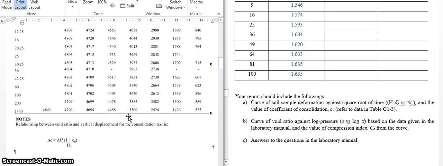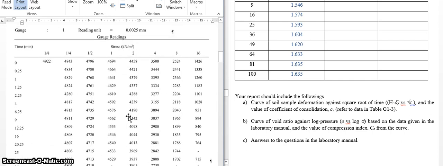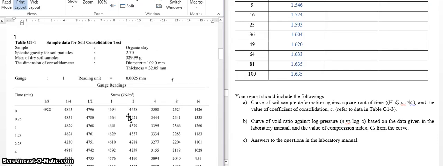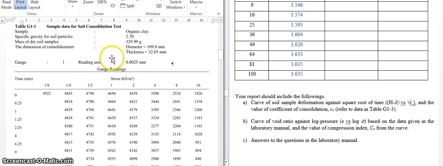If you refer to your manual, we give you Table G1-1, sample data for the consolidation test. You are given the Gs, specific gravity, the mass of dry soil, the diameter, and the thickness of the test soil sample, and the gauge reading factor is now 0.0025 millimeter.